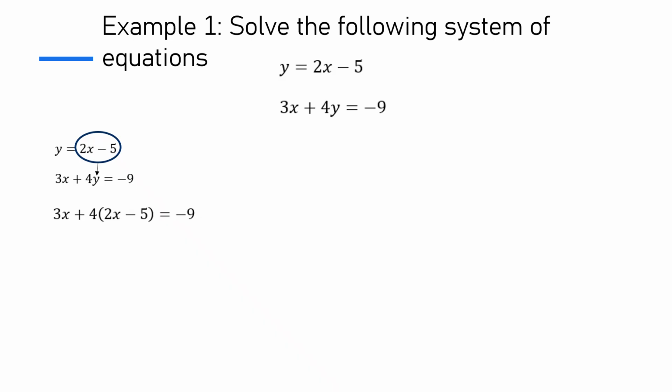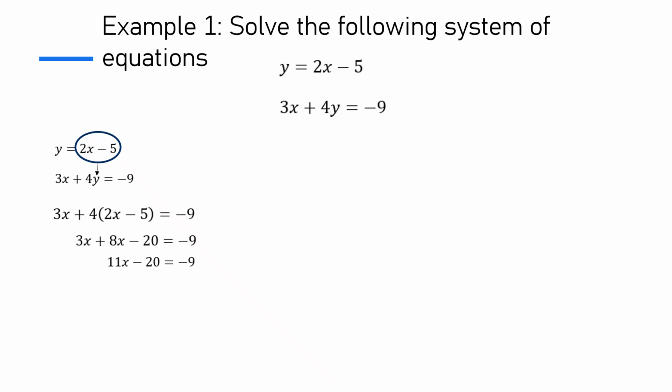Now that we have this particular equation, we can begin to solve it for x because it's the only variable there. So we distribute the 4 to the 2x and the 4 to the minus 5 and get 3x plus 8x minus 20 is equal to negative 9. Then we notice that we have 3x plus 8x, which are like terms, so we can combine those into 11x, and we have 11x minus 20 is equal to negative 9.